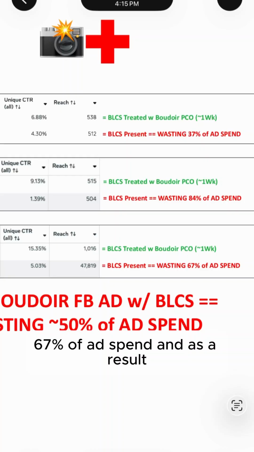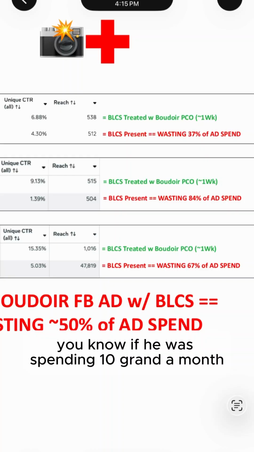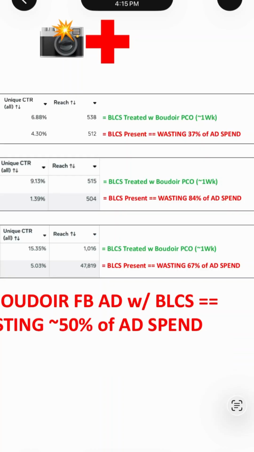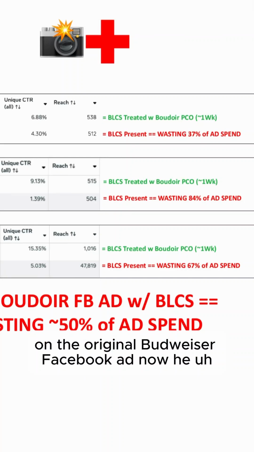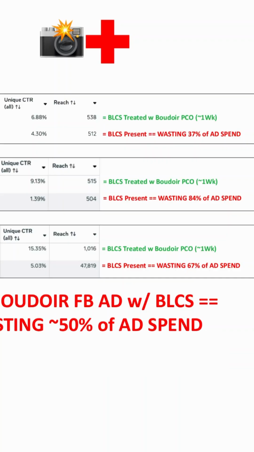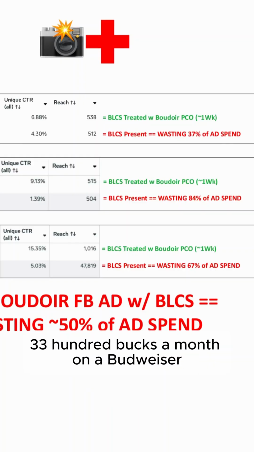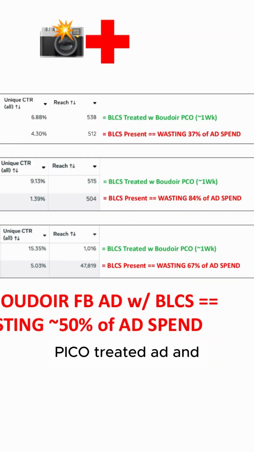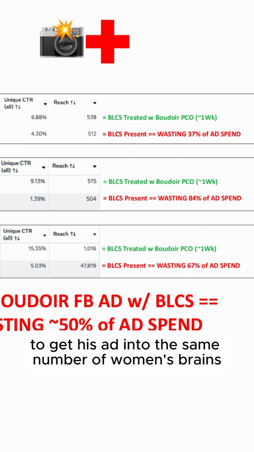And as a result, if he was spending 10 grand a month on the original Boudoir Facebook ad, now he only needs to spend $3,300 a month on the Boudoir Pico treated ad to get his ad into the same number of women's brains.